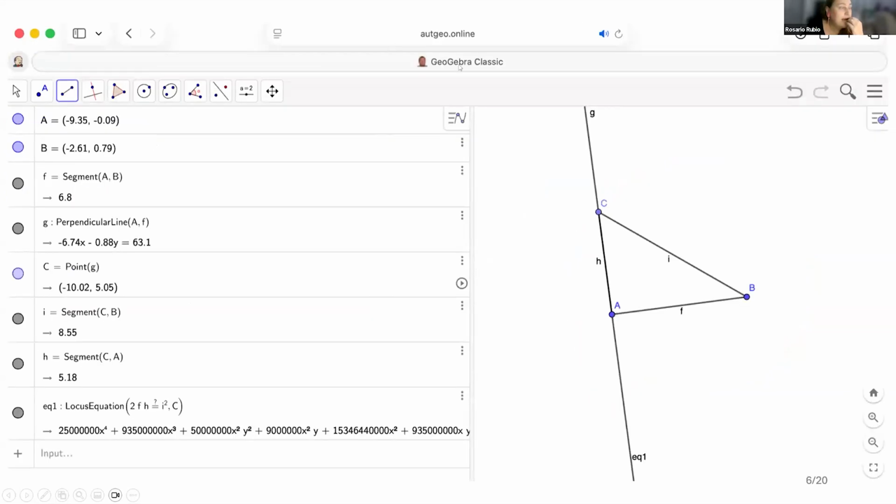Again, with AuGeo Online, we show another basic geometry locus. Here, C lies on the perpendicular of AB, and we want to find where to place the point C such that twice the legs are equal to the square of the hypotenuse. There is no graphical output, and the numerical output is a 4-degree equation.